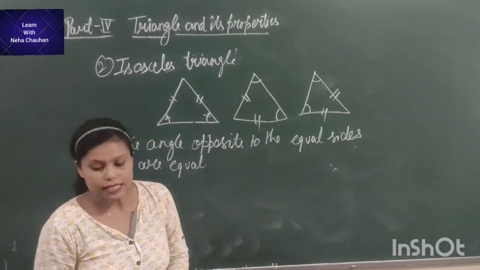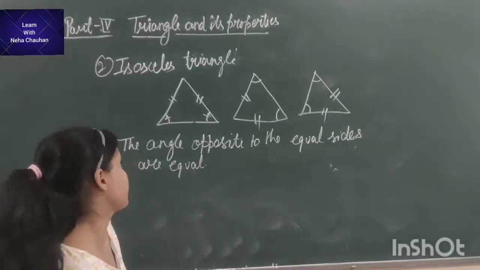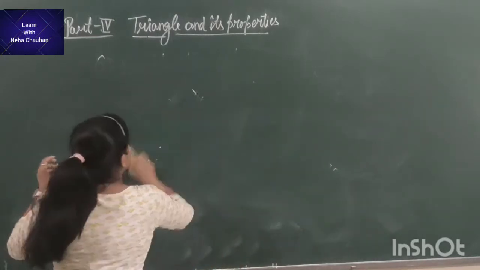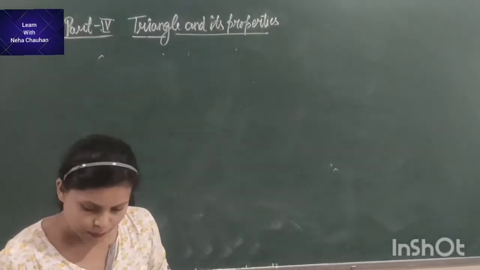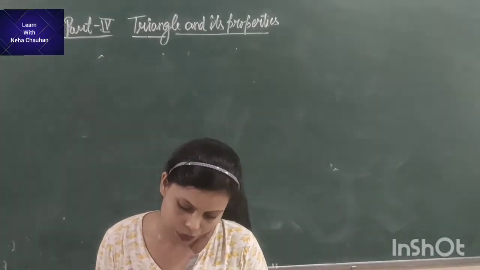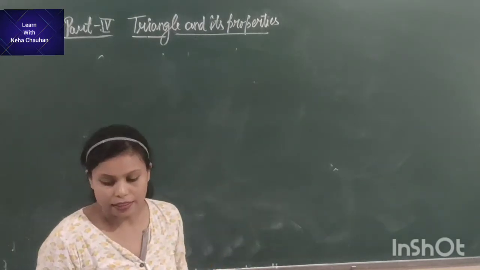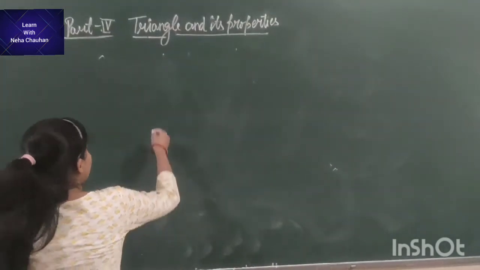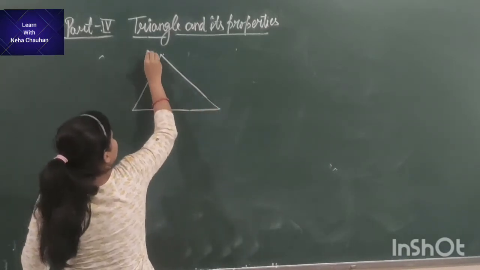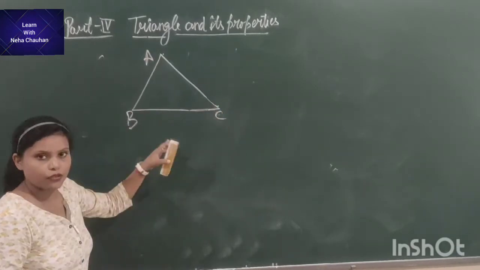Let's do exercise 6.4, which is related to these concepts. So let's do question number 1. Question number 1 says, is it possible to have a triangle with the following sides? Before starting this exercise, let me tell you one thing. Suppose we have this triangle.